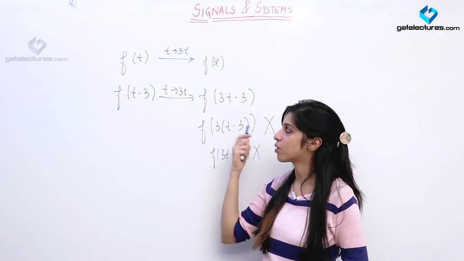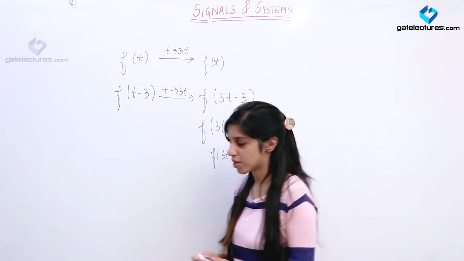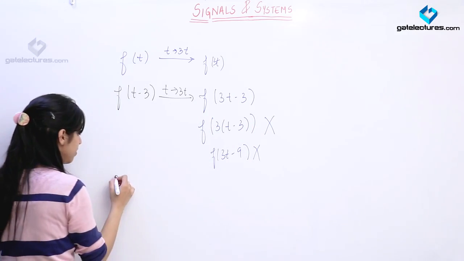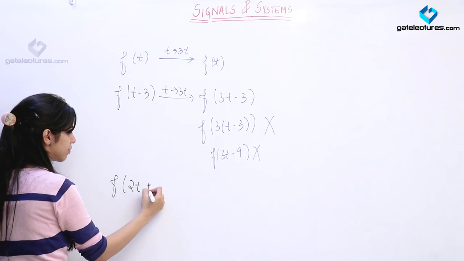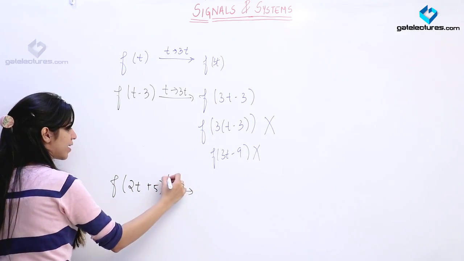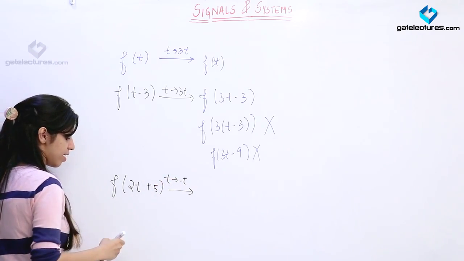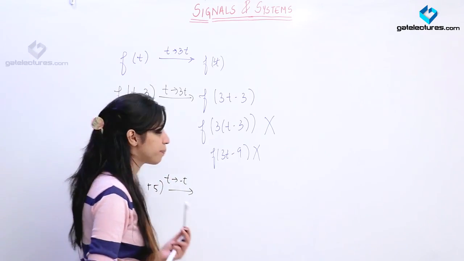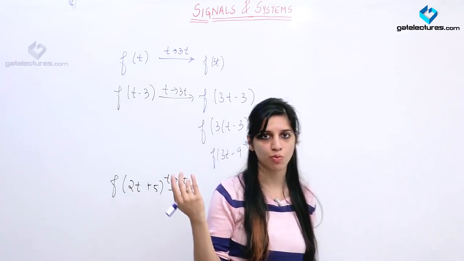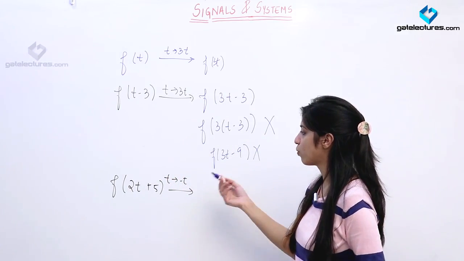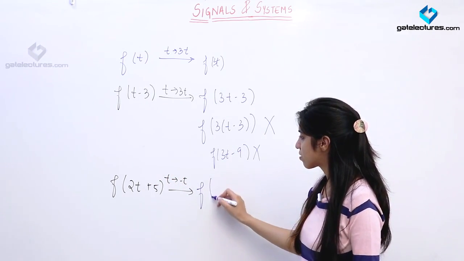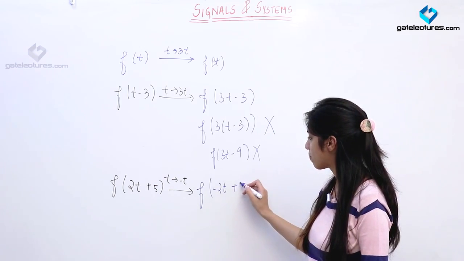Similarly, if we are performing time reversal, suppose I had some signal initially and I performed time reversal. Time reversal means I have to replace t with minus t. The signal is going to flip around the y-axis. Now this is going to become f of minus 2t plus 5.